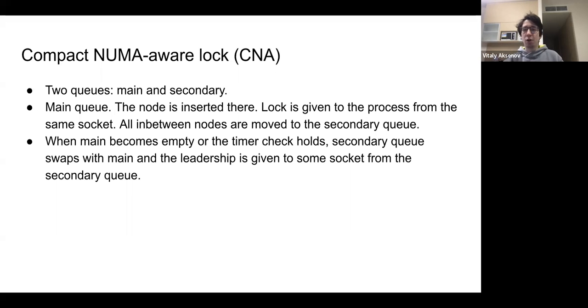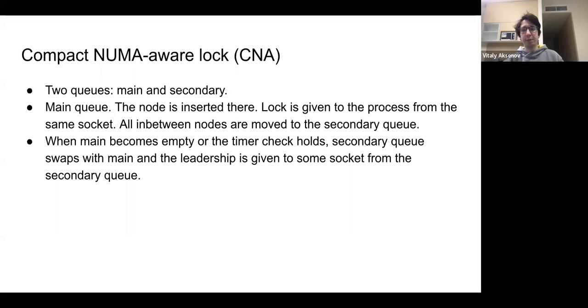Instead of local and global locks, we will simply have 2 different queues. There is the main queue. Each node tries to insert there, and their main idea is that the first thread in this queue takes the lock and passes the lock not to the next one, but to the next one from that socket.